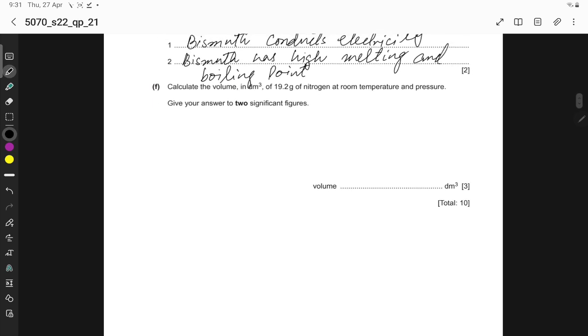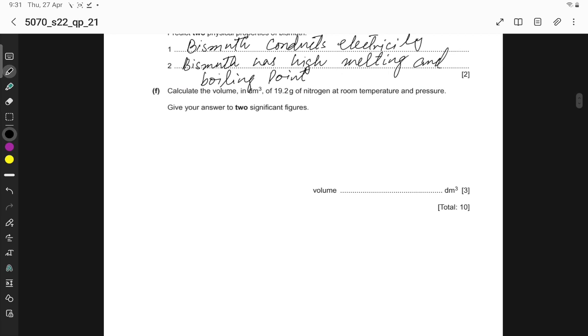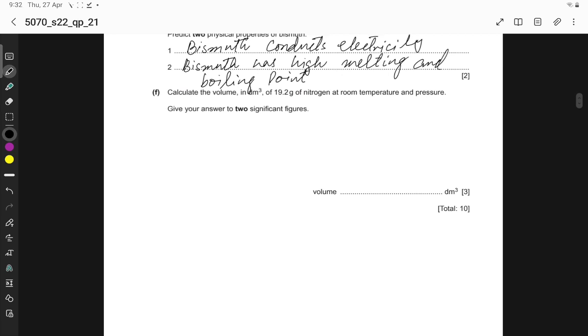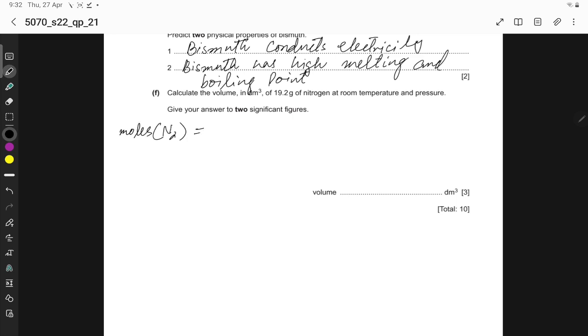Calculate the volume in dm cube of 19.2 gram of nitrogen at room temperature and pressure. Give your answer to 2 significant figures. Moles is equal to 19.2 divided by 28. So the answer is 0.6857.